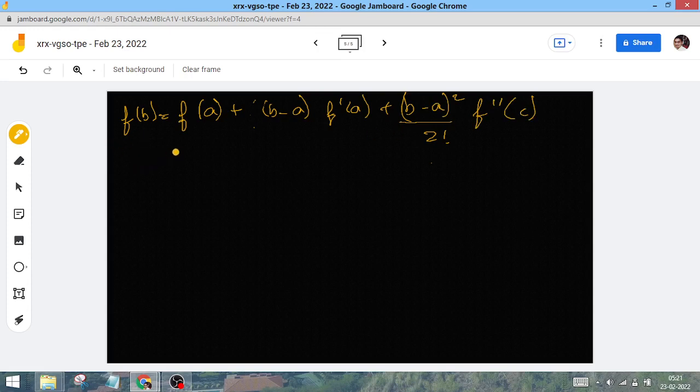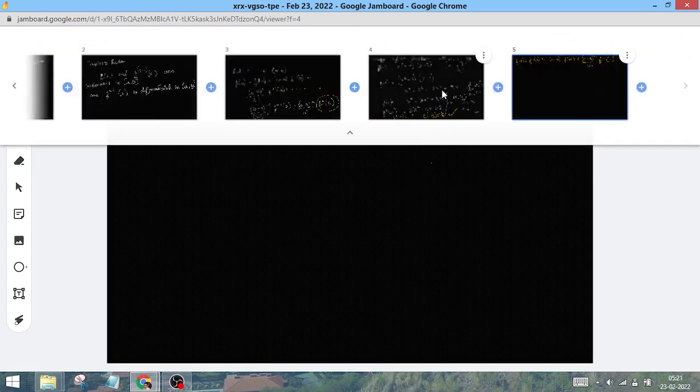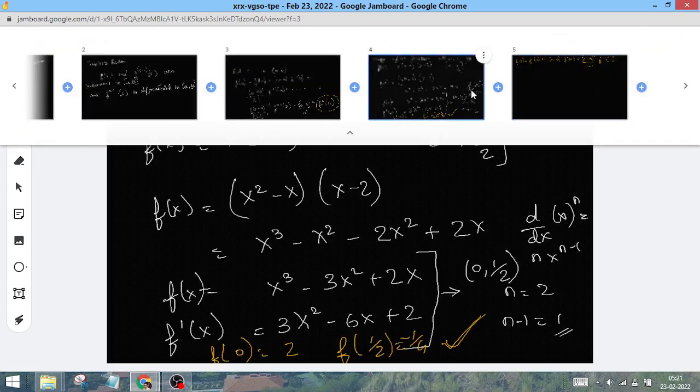So let us substitute the values in this particular equation and find out what is the value of c.